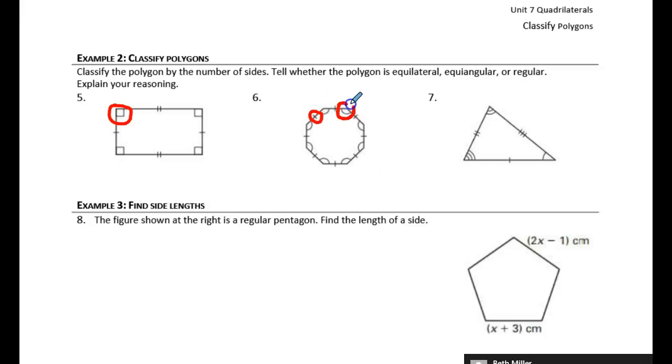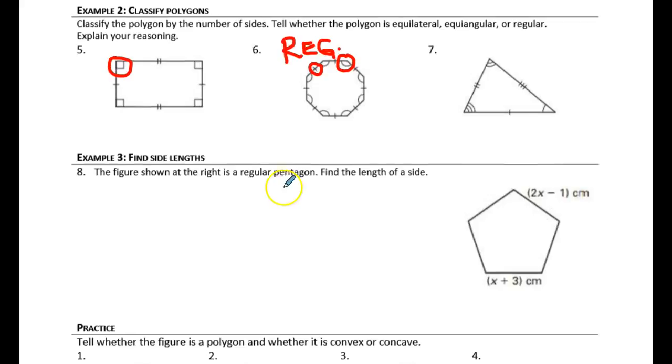It has all equal angles, so it is equiangular, which means this is a regular polygon. And then last we have a triangle. By the way, triangles are always convex, but none of its sides are congruent, making it scalene, and none of its angles are congruent. So this is a convex polygon, but it is not equiangular or equilateral.